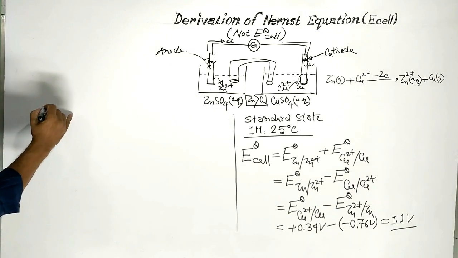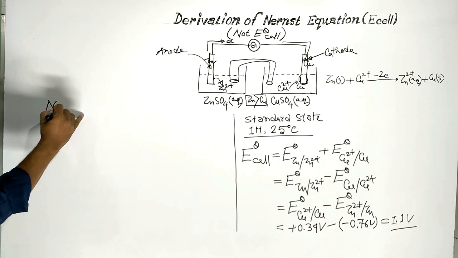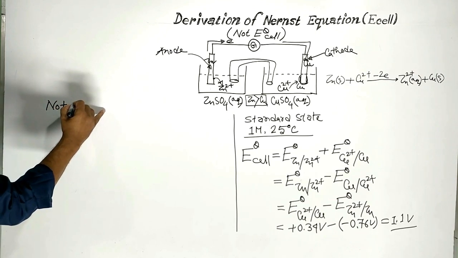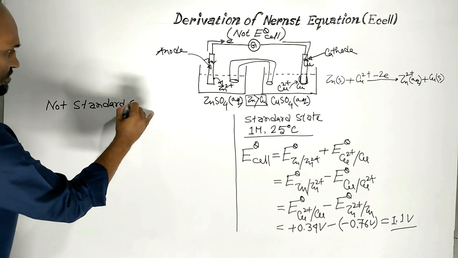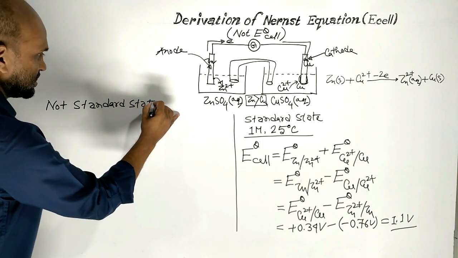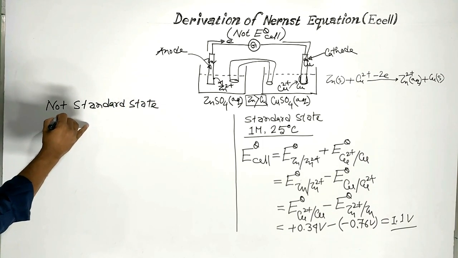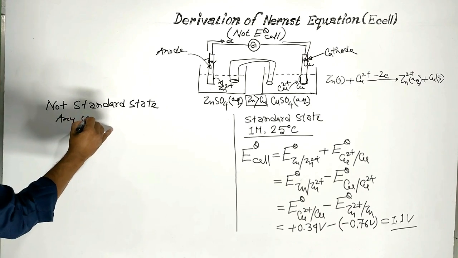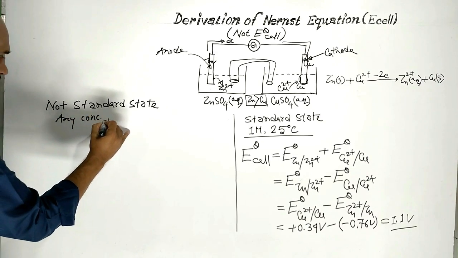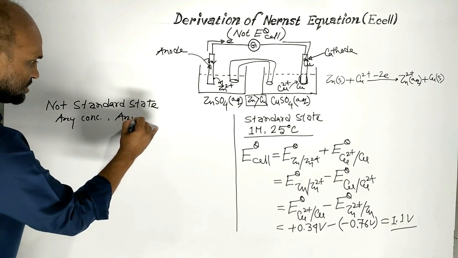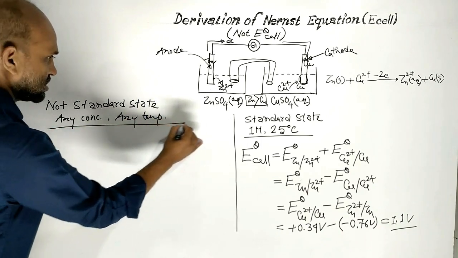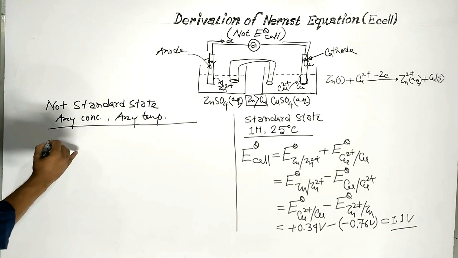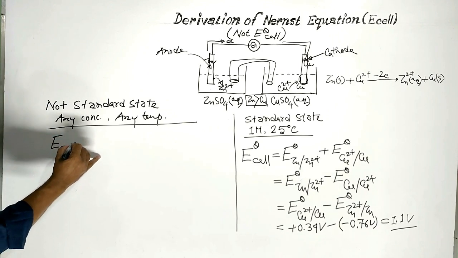But when the cell is in non-standard state, that is, the concentration of solution is any concentration and any temperature, then how can we calculate non-standard state cell potential?